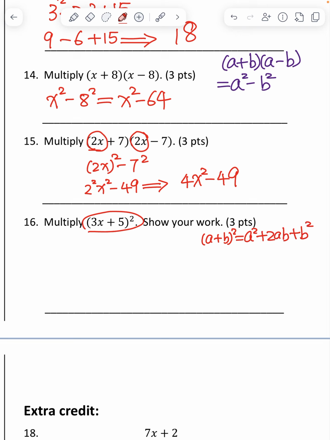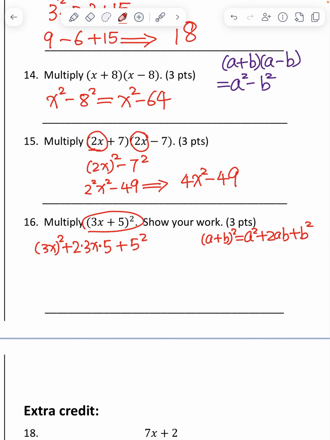If here is a plus, here is a plus. If this is minus, here is going to be minus. So this is going to be first term, so 3x squared plus 2 times the first term, and then times the second term, and plus 5 squared.